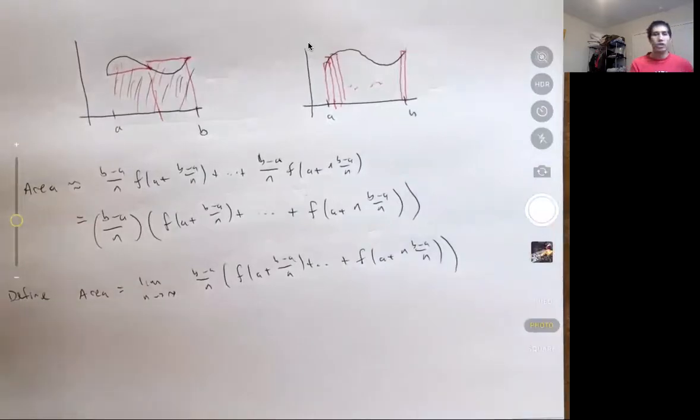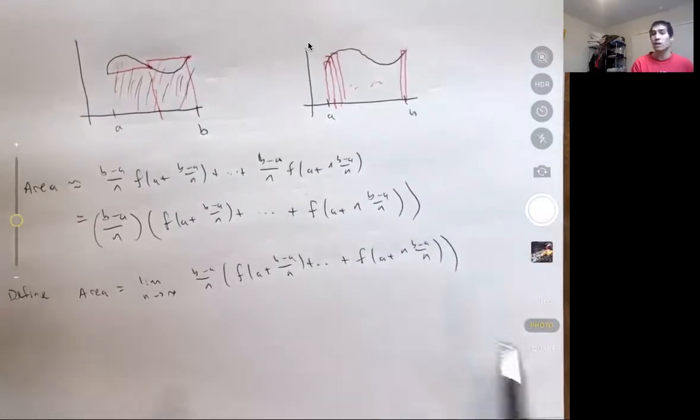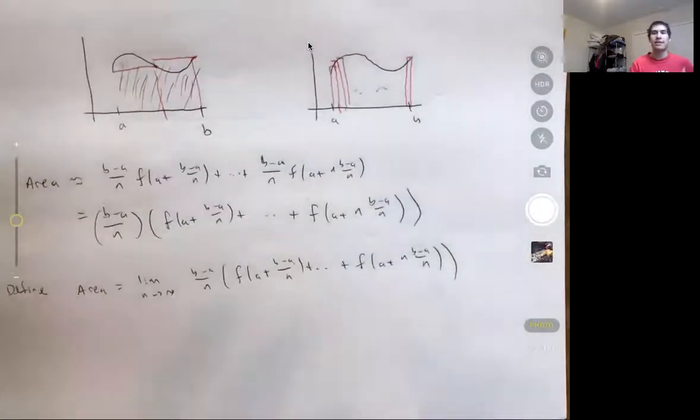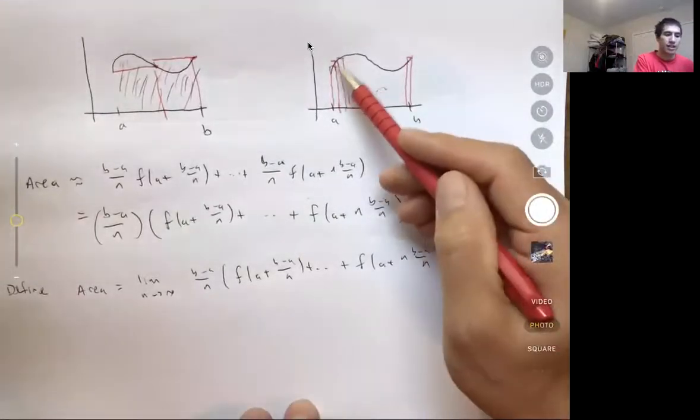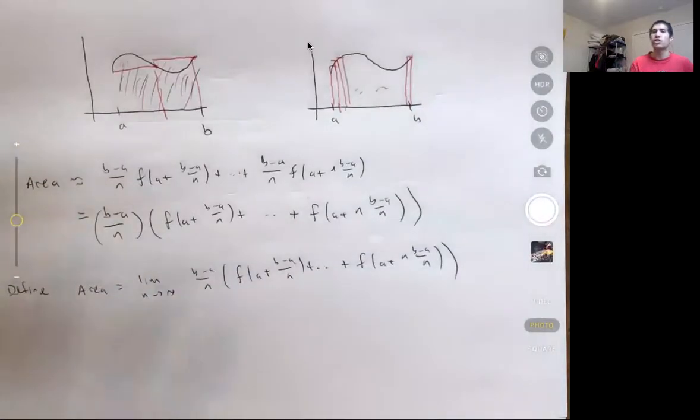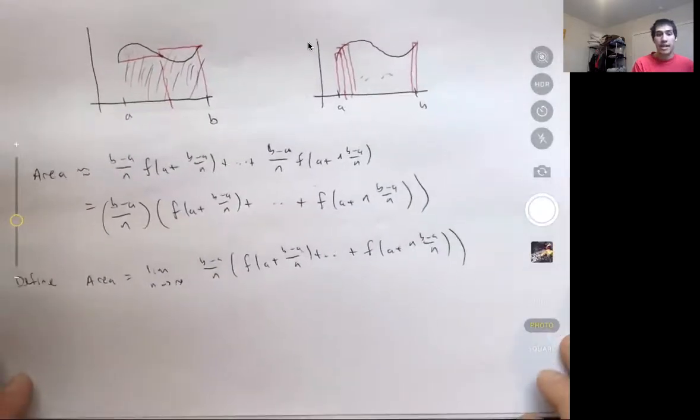And that's the definition. So if this limit exists, we say that is the area. As the number of rectangles goes to infinity, the area given by these rectangles becomes a closer and closer approximation and converges to the actual area under the curve. So whenever this limit exists, we call this the area.